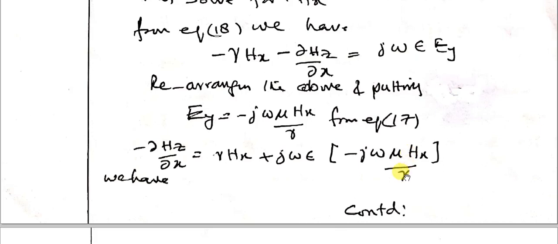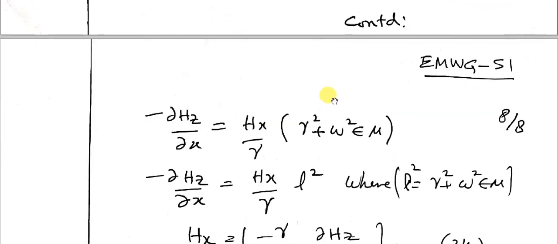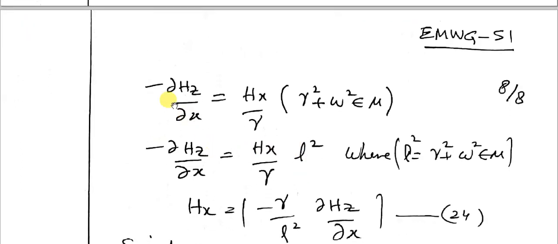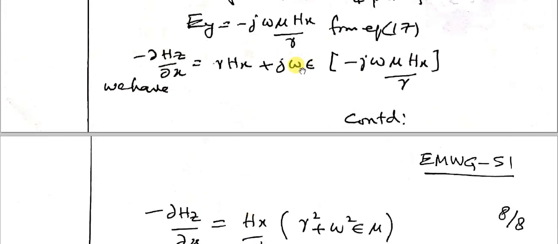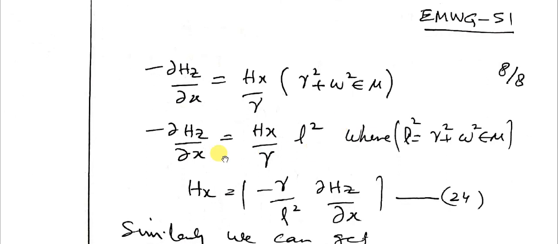On the next page, page 8, the last page, minus delta Hz by delta x is equal to Hx by gamma times gamma squared plus omega squared epsilon mu, that is, minus delta Hz by delta x is equal to Hx by gamma L squared, where we have replaced this whole term as L squared.